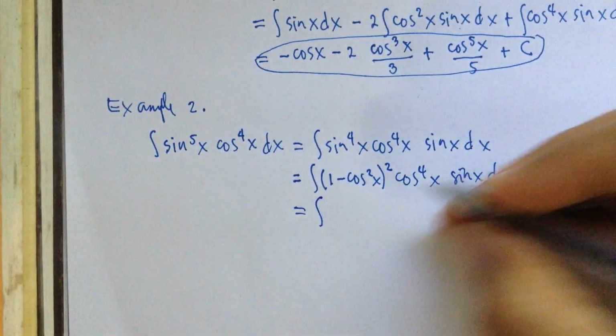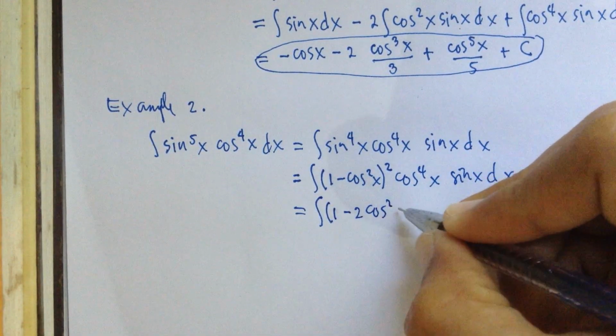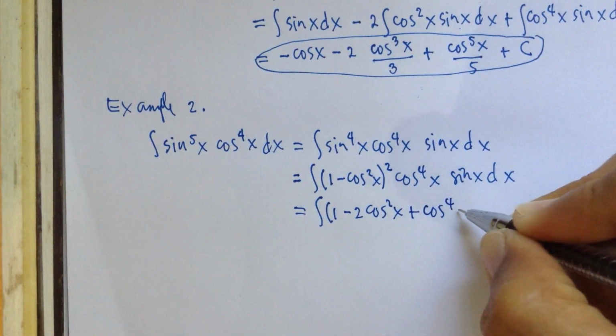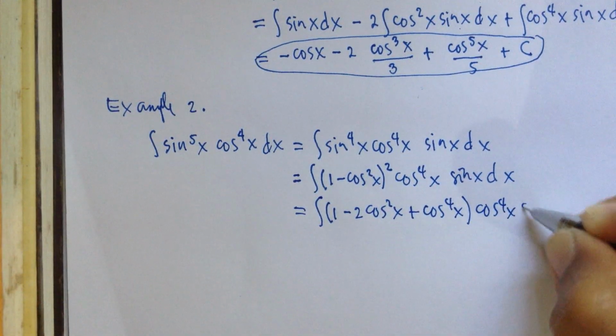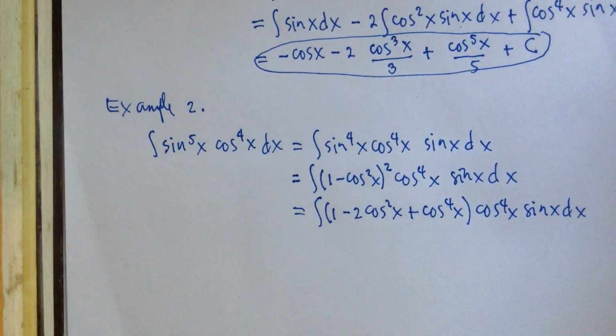And this is equal to, expanding this, 1 minus 2 cosine squared x plus cosine to the fourth x, and cosine to the fourth x, then sine of x dx.